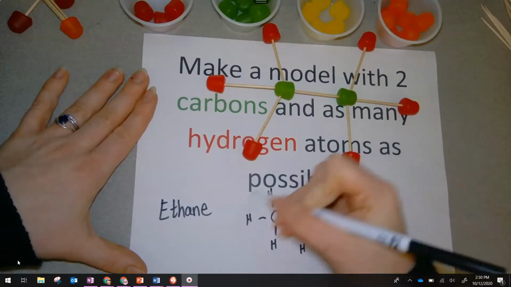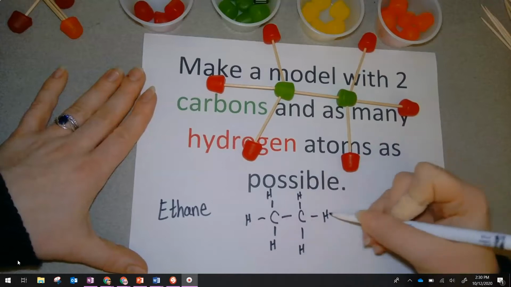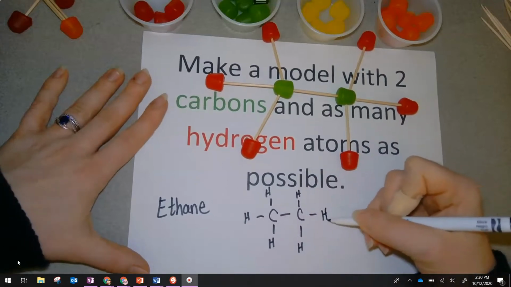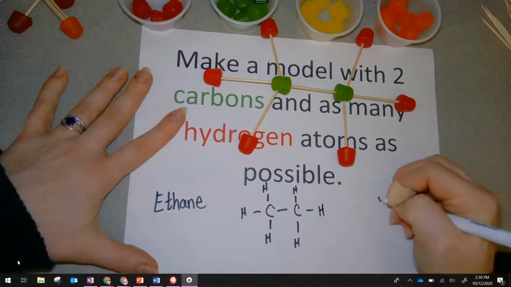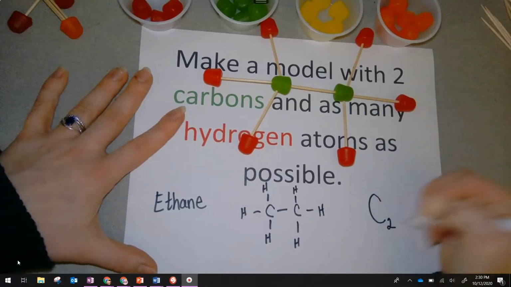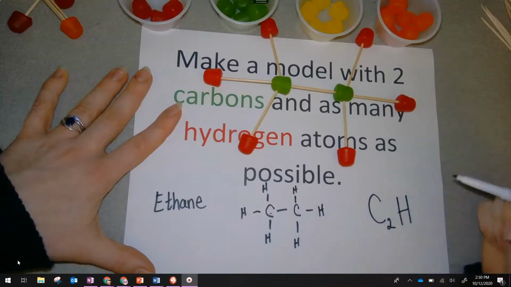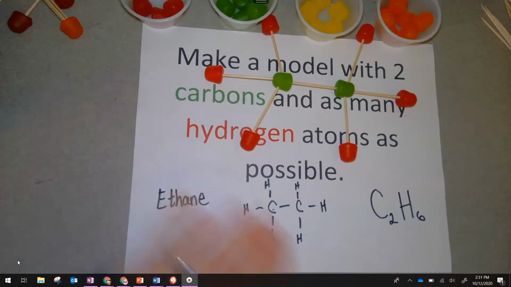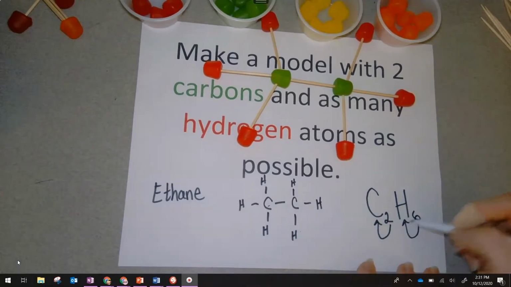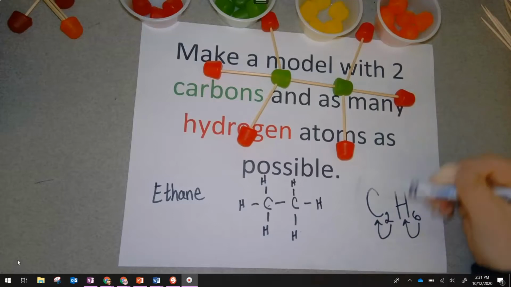This means that all of the atoms are following the bonding rules, and we've created an actual molecule. And the formula for this is C2, because I've got 2 carbons, H, and then you count up the number of hydrogens. 1, 2, 3, 4, 5, 6. C2H6. Because the 2 is referring to those carbons, the 6 referring to those hydrogens, and that is how we get this formula. All right?